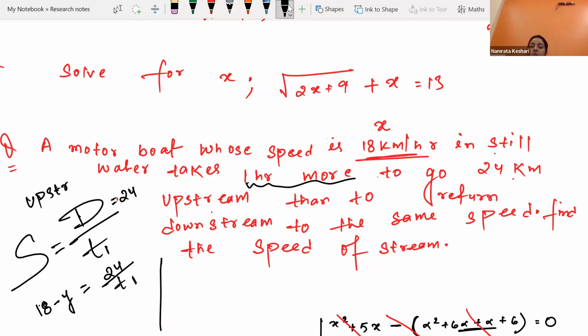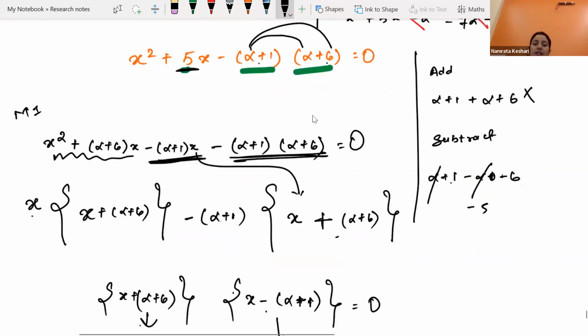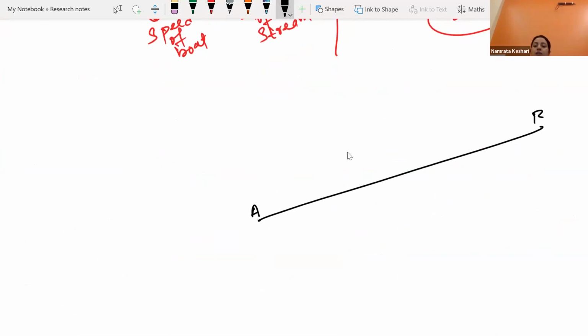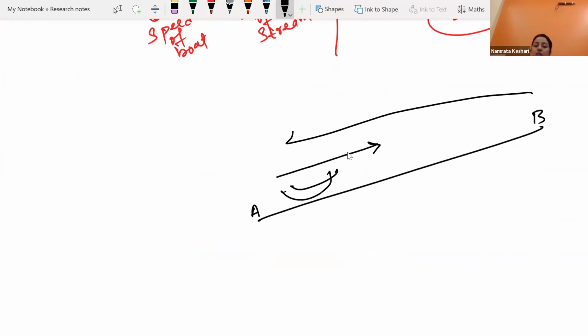Now in downstream, the same formula, speed equals distance by time, we'll be using. For downstream also it will be covering the same distance. Basically, this is a river. From point A to point B the boat is going, and then it has to return back like this.